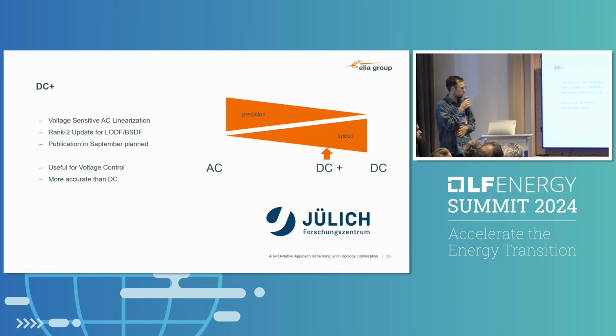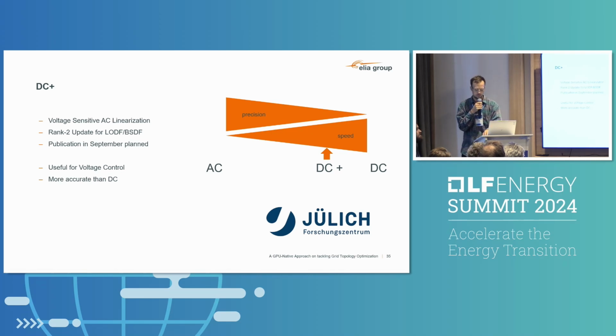Therefore, there is ongoing cooperation with Forschungszentrum Jülich that is going to publish an idea on how this could work in theory. Also, some first tests have been done. So we're looking quite forward to this, also with the goal for later to integrate other problems, for example to optimize voltage control at the same time.